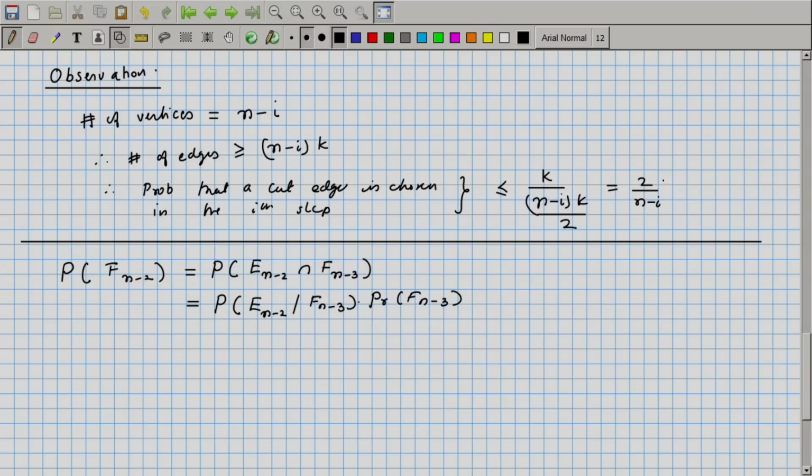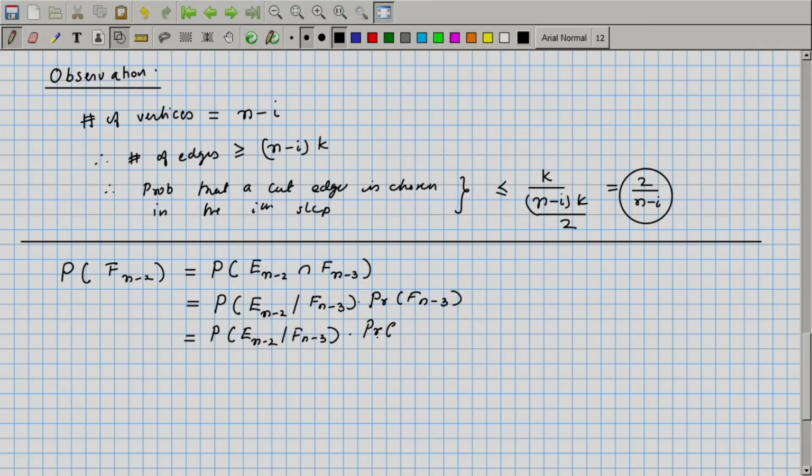That is only 2 divided by n minus 3. Okay. So, we can expand this. This is equal to the probability of E n minus 2 given F n minus 3, times the probability of F n minus 3.